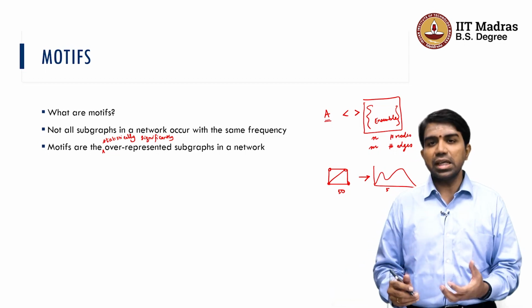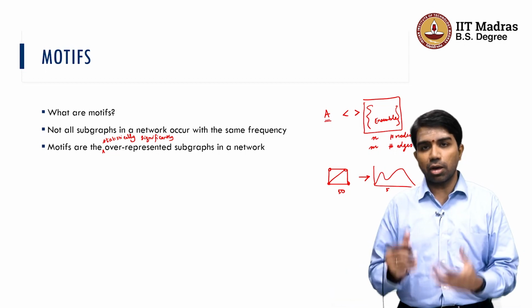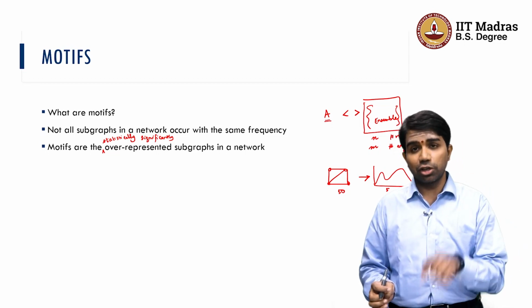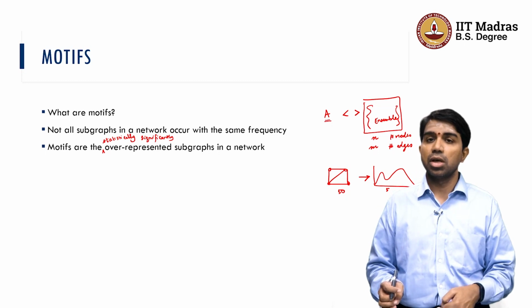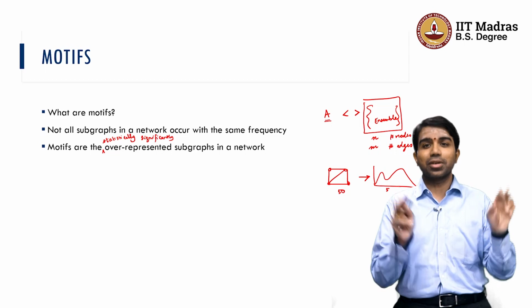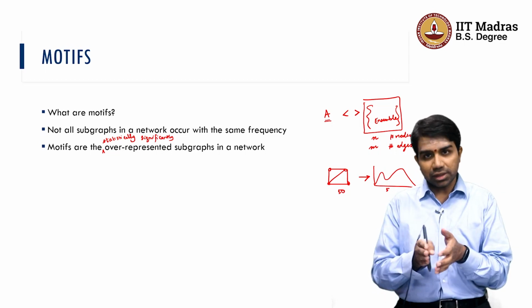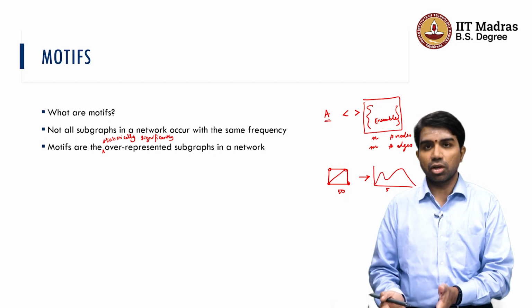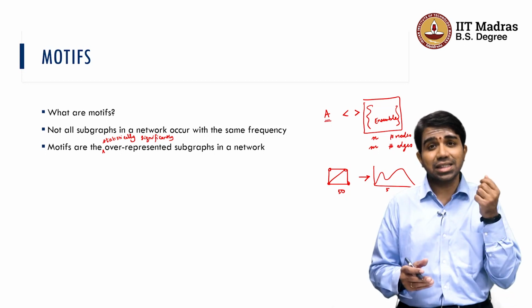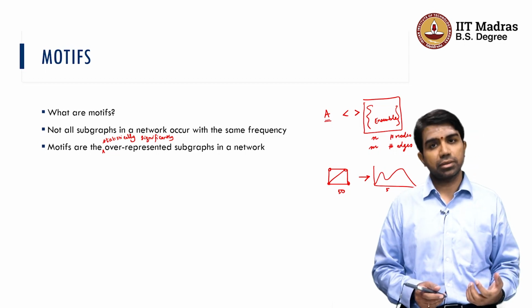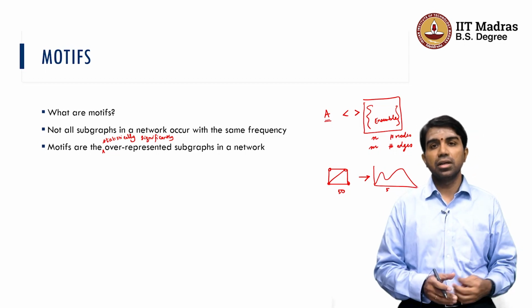So, 50 is a very unlikely observation if your real network were to be drawn from this distribution, which means that you can reject your null hypothesis that the real network is boring or the real network is basically from the same distribution as your ensemble. Your real network has some underlying processes that have made it very different. This would be our conclusion.